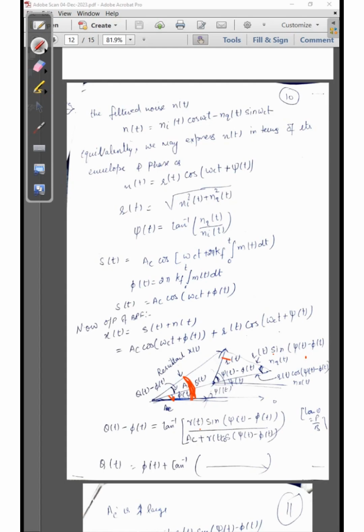The perpendicular is r of t sin(psi of t minus phi of t), upon Ac plus this extended value r of t cos(psi of t minus phi of t). Tangent theta is perpendicular upon base. I hope I am clear up to here. Okay, let's move further.